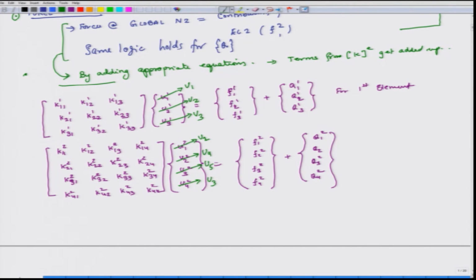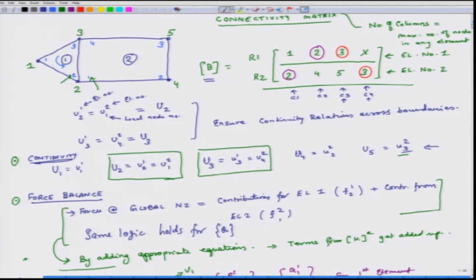Then we assemble these equations, and again the connectivity matrix helps us assemble them. It is a guide to assemble these. The connectivity matrix tells us that you assemble the second equation for element 1, which is rounded in purple in the connectivity matrix, with the first equation in element 2.